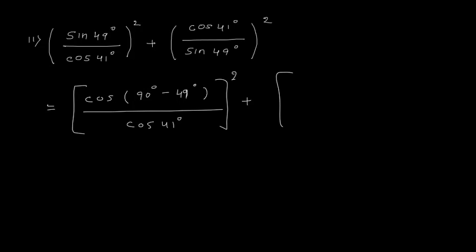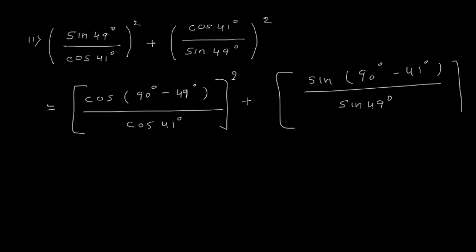Similarly here I will change this cos in sin, so I am making practice of changing numerator. Okay, so this is sin of 90 degree minus 41 degree upon this is sin 49 degree and then I will take its square.